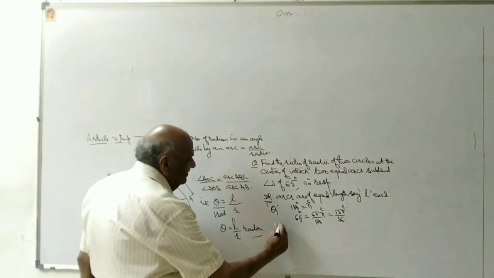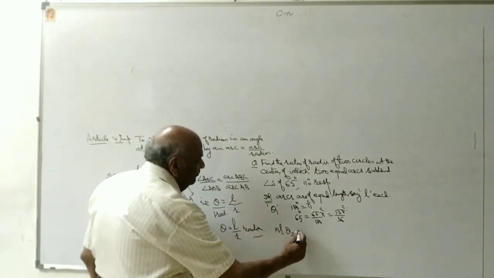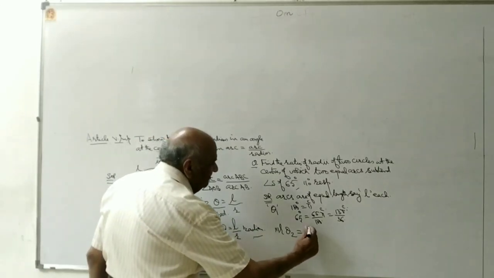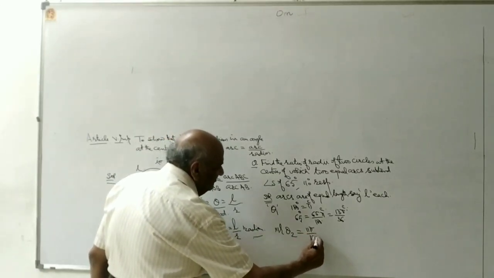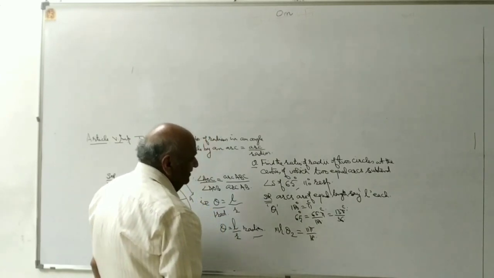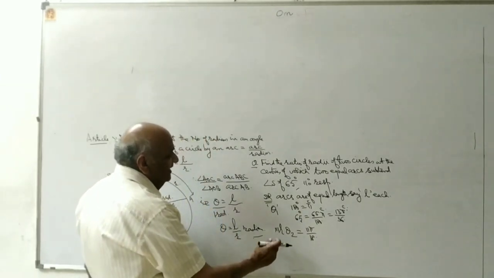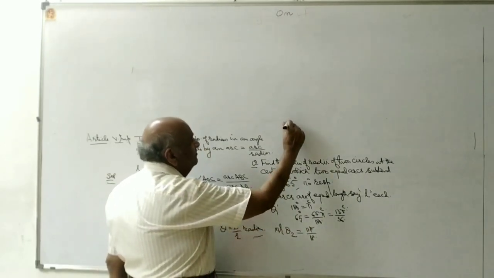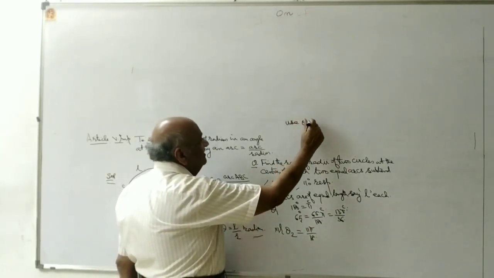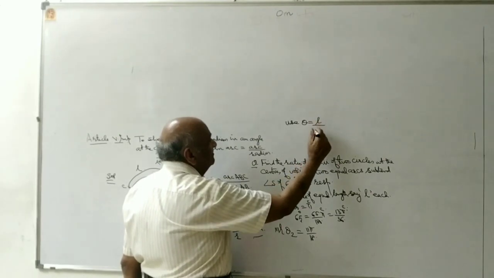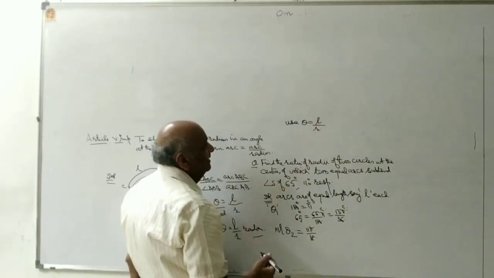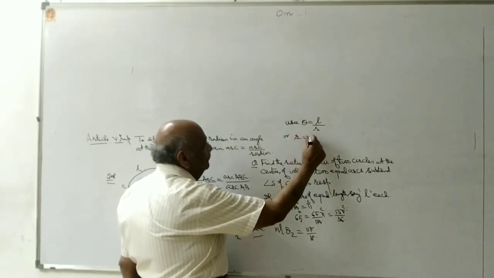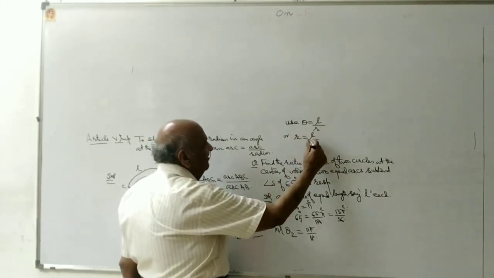Similarly, theta 2 will be, in the same way, 11 pi upon 18. Now, keeping in mind that we have theta 1 and theta 2 in radians, use theta is equal to L upon R, or R is equal to L upon theta.